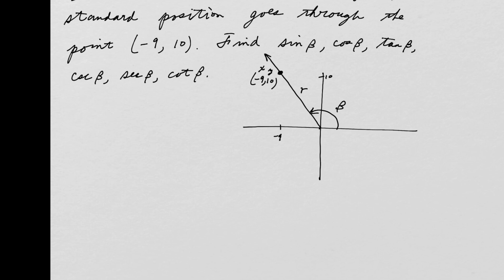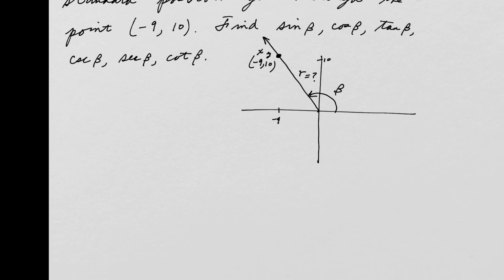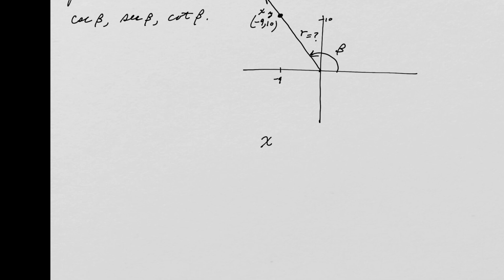How do we figure out r? Pythagorean theorem. So I know that x squared plus y squared is equal to r squared. So I have negative 9 squared plus 10 squared is equal to r squared.